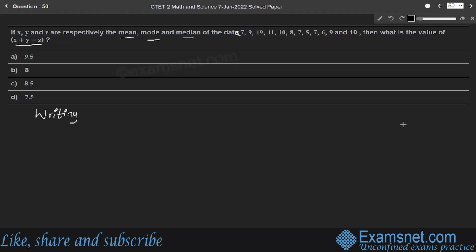Writing the given data in ascending order.